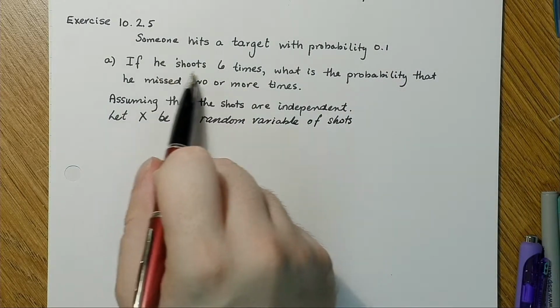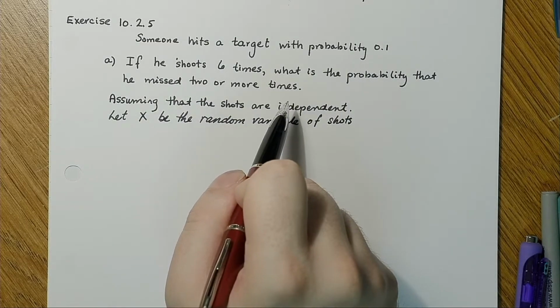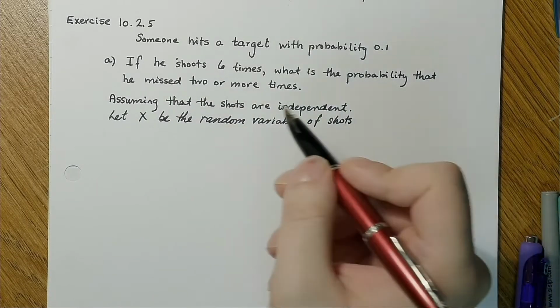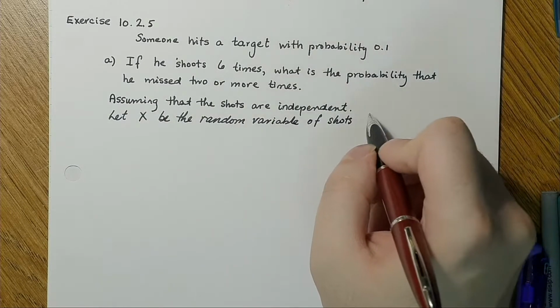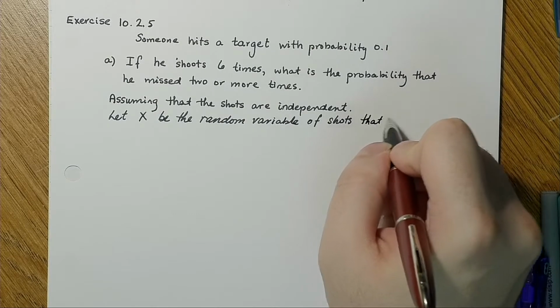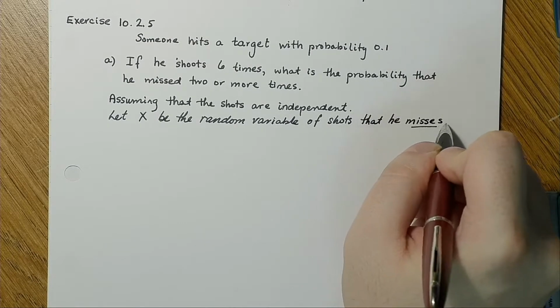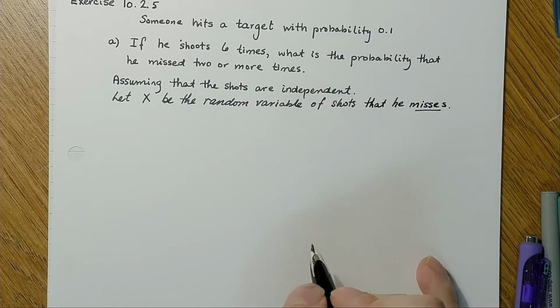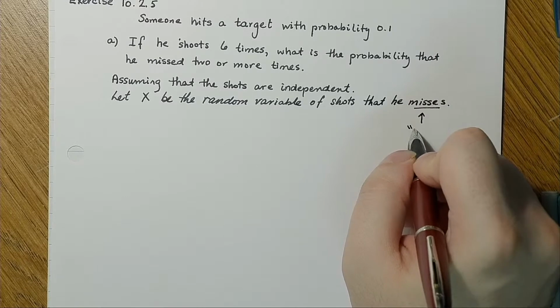Now this one says if he shoots 6 times, what is the probability that he missed 2 or more times? So I'm going to let x be the random variable of shots that he misses, and this is what we're going to consider the success.